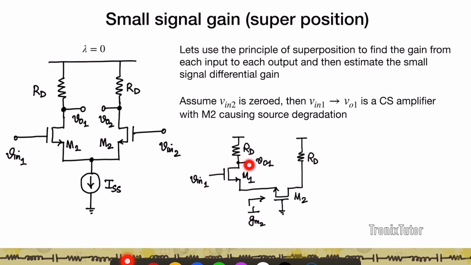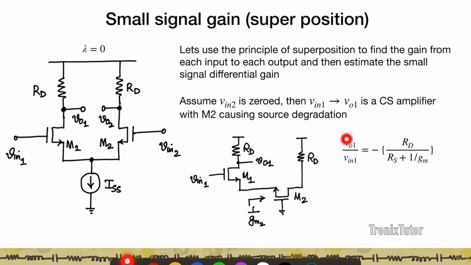And now we want to estimate Vin1 to VO1. Because lambda is 0 for both the transistors, RD is not going to be visible at the source of M2. So looking into the source of M2, you're just going to see a resistance of 1/gm2. So this 1/gm2 is the source degradation resistance, if you will, for this common source amplifier.